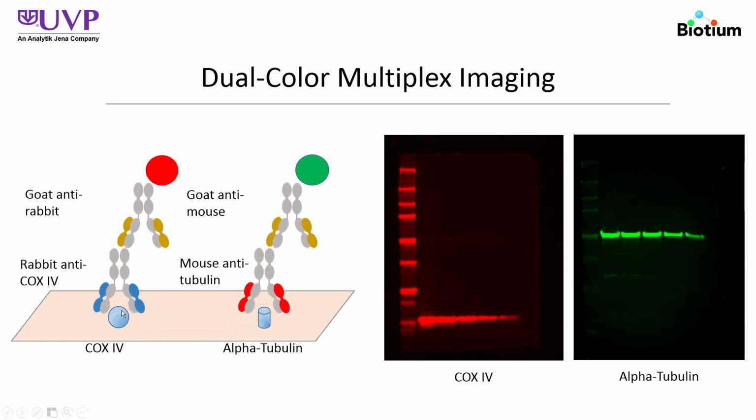So for example, this protein COX-4 is being detected with an antibody raised in rabbit, whereas tubulin is being detected with an antibody raised in mouse. And then secondary antibodies against each species that are conjugated to different colors of near-infrared fluorescent dyes are then used for the detection. And so here, this is a dye called CF680 detecting COX-4, and simultaneously another dye, CF770, detecting antitubulin.